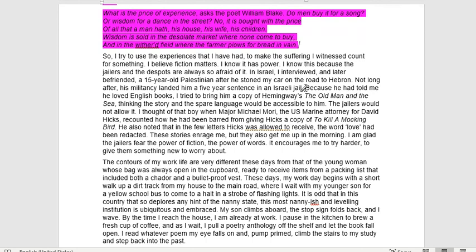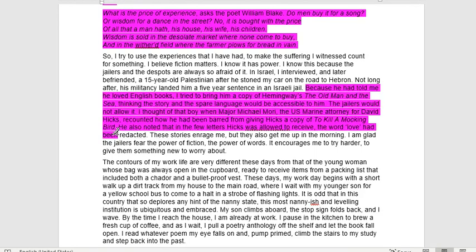The jailers would not allow it. I thought of that boy when Major Michael Mori, the U.S. Marine attorney for David Hicks, recounted how he had been barred from giving Hicks a copy of To Kill a Mockingbird. He was talking about here how a particular inmate was refused books because you could learn from them.